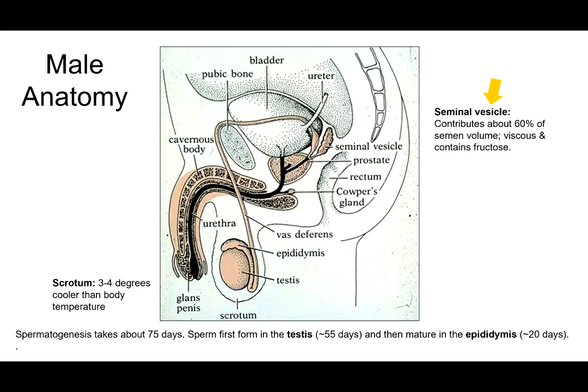And yeah, it's the seminal vesicle that makes the pigment that leads to that UV fluorescence that is so striking in these shows. Okay, so that's what the seminal vesicle does.